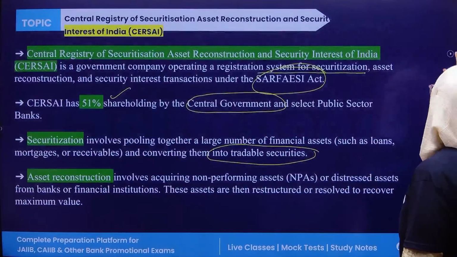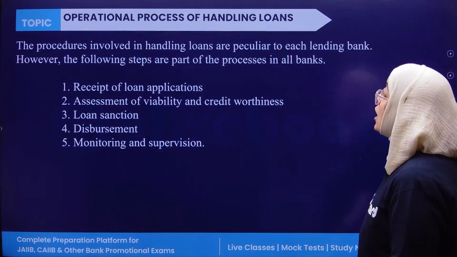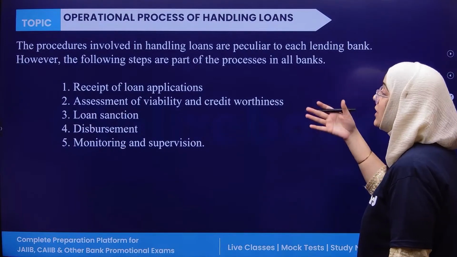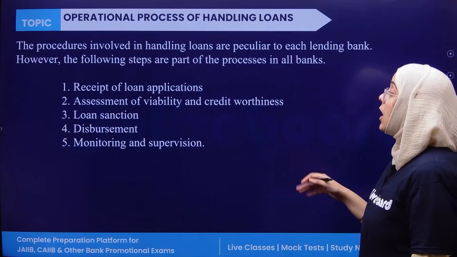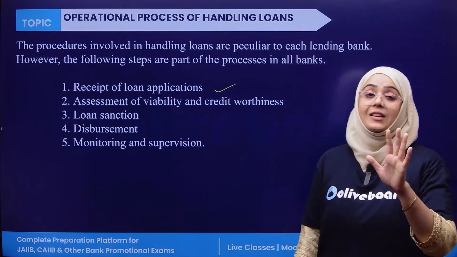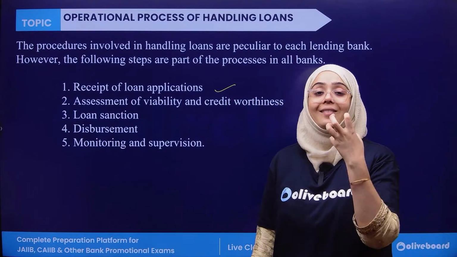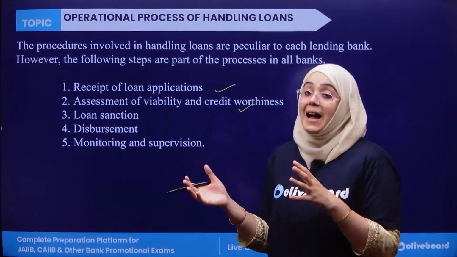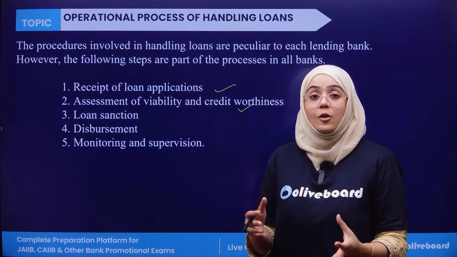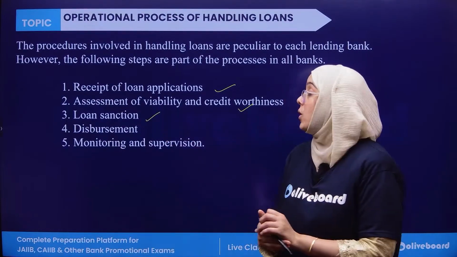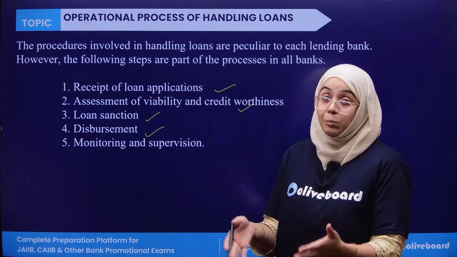Okay, now next, if we are talking about the procedures involved in the handling of loans, what are these procedures? First of all, receipt of the loan application. First, a bank receives the loan application. Second, the bank assesses the credit worthiness of the customer. Third, they sanction the loan. Fourth, they disburse the loan.